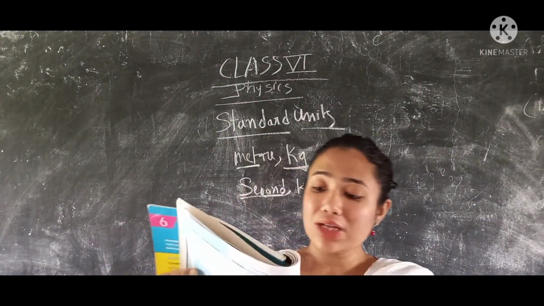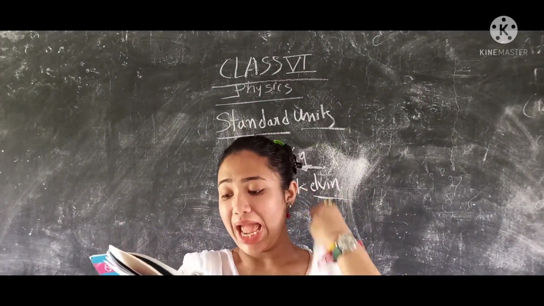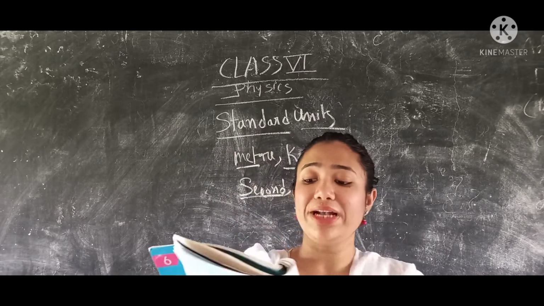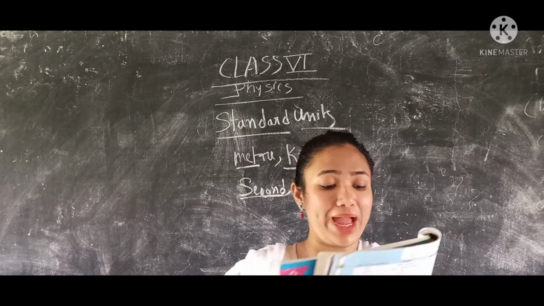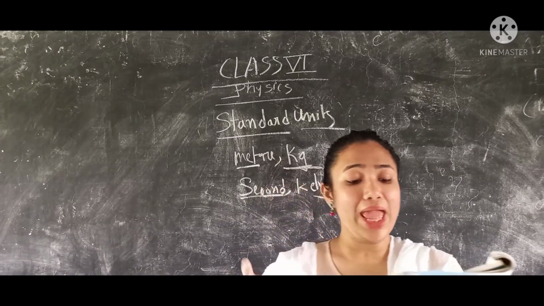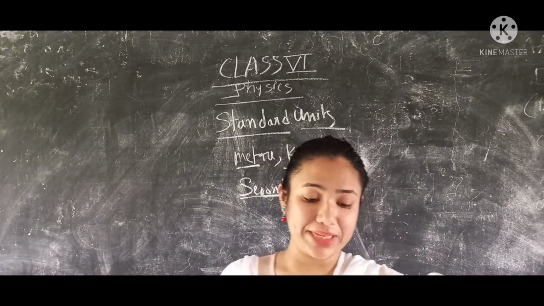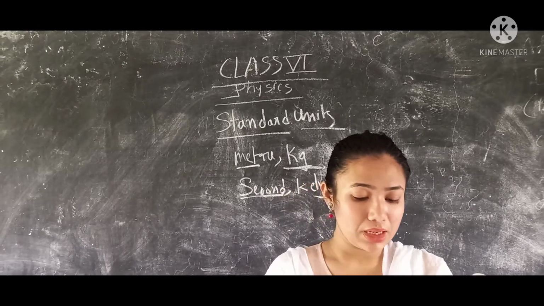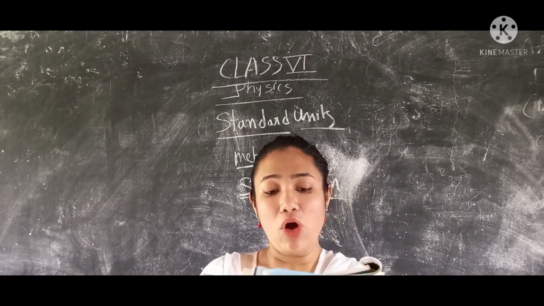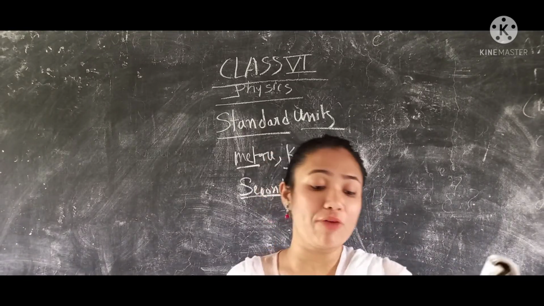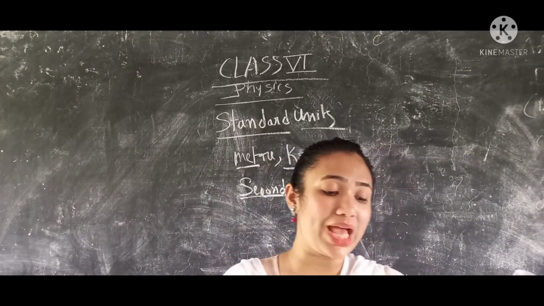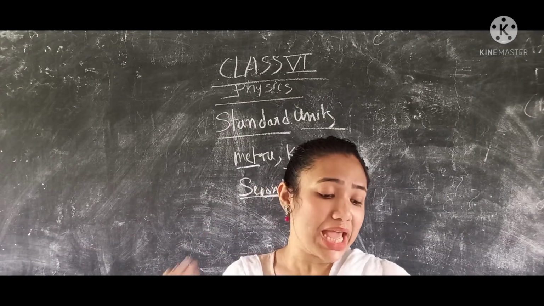If we consider length, mass and time as the three main fundamental units, then meter, kilogram and second is known as the MKS system. The official name of this system is the International System of Units, commonly known as SI units.